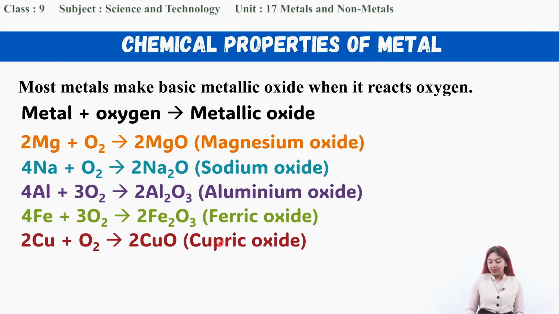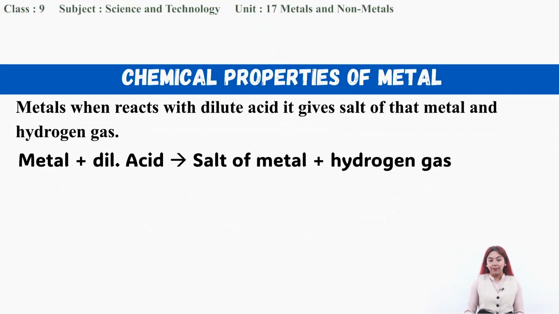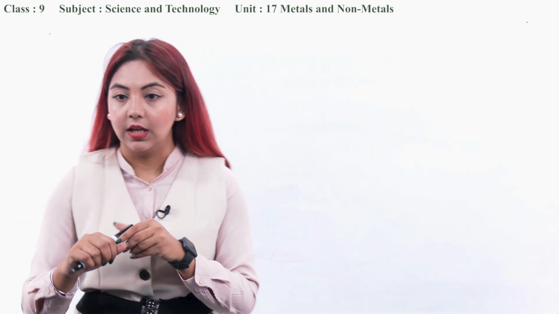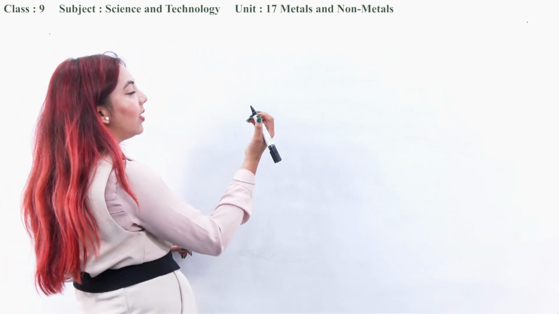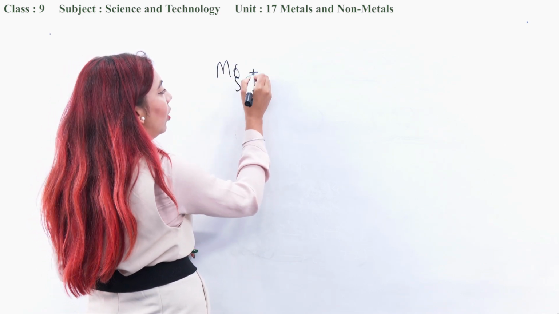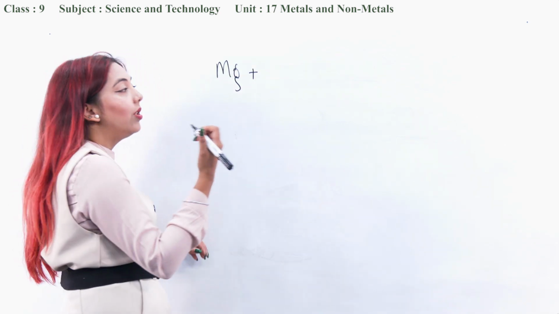Now let us study another chemical property, that is, metals when they react with dilute acid give us a salt of that metal as well as hydrogen gas. Now let us take one example. Let us take an example of magnesium again, when it reacts with dilute acid.